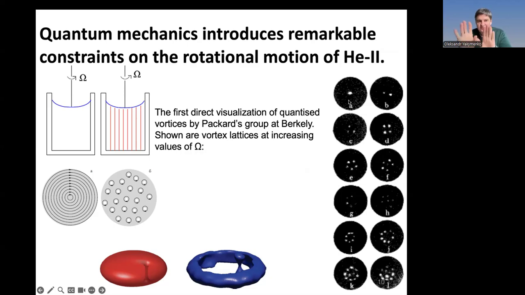So this is to visualize it. The people used such a very clever idea to make it visible, because this is very small. In helium, this is a few angstroms, and we will discuss the atomic gases. It's quite a different situation, but the physics is very similar.